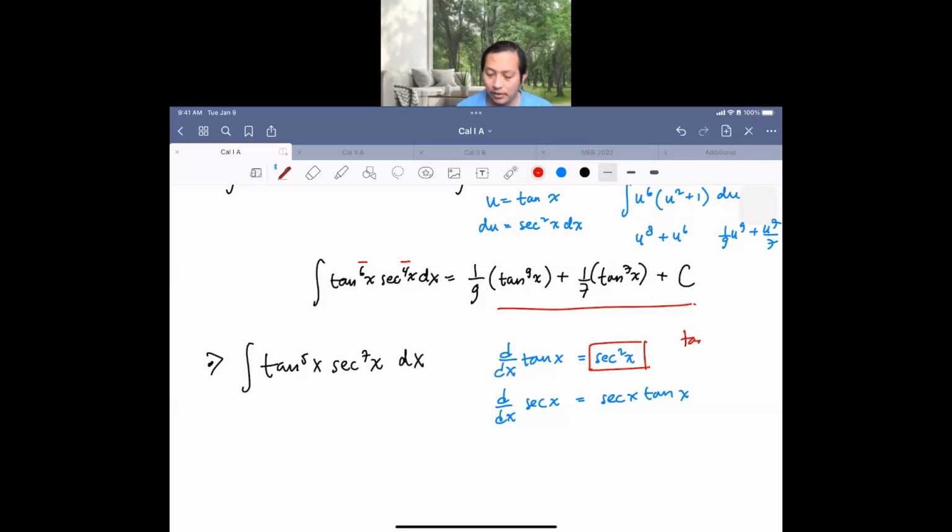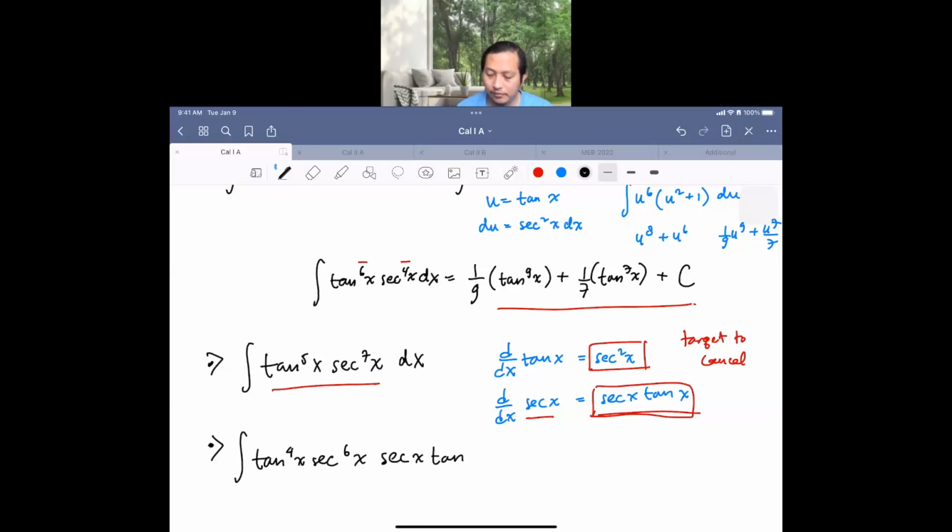Okay, and because we know that we can later substitute the secant, we can cancel the secant x tangent x, and that is what will happen here. So we can write tangent 4x secant 6x, and then we can write secant x tangent x dx. Okay.